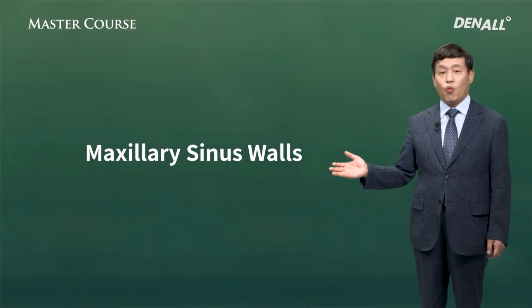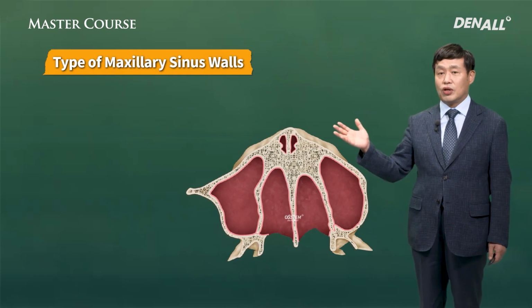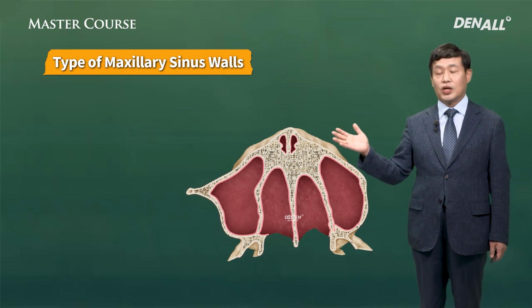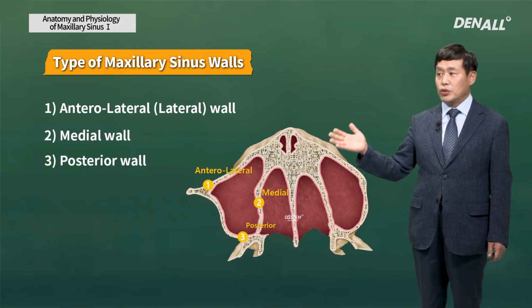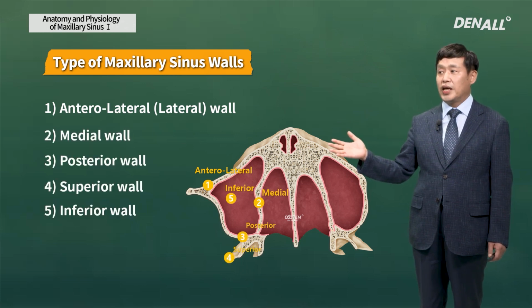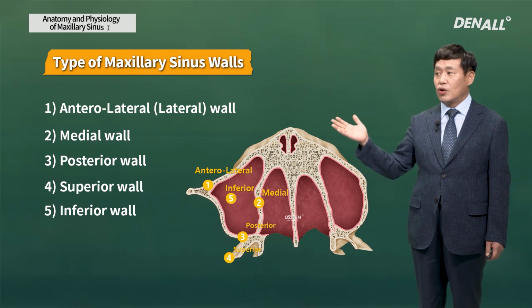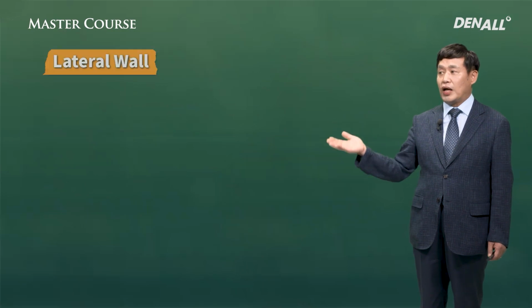Next, maxillary sinus walls. As I said before, maxillary sinus has a shape of pyramid, and there are 5 walls: anterior lateral wall, medial wall, posterior, superior, and inferior walls. In general, anterior lateral wall is in the distal side, so it is called a lateral wall.